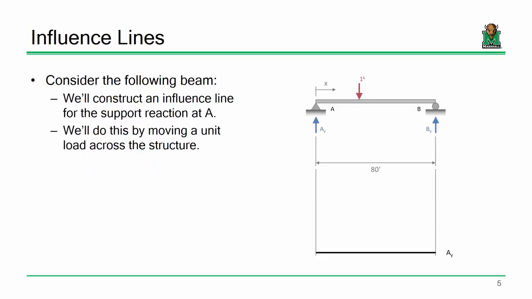So let's see what that looks like. Okay, so I want to consider a simply supported beam, and we'll say for the sake of discussion that beam's 80 foot long. It really doesn't matter how long it is, because a lot of this is going to be pretty straightforward. And I've got this one kip load, and I'm moving it across the structure. I propose whatever goes on down here is going to be the influence line for the reaction at A, or AY. Okay?